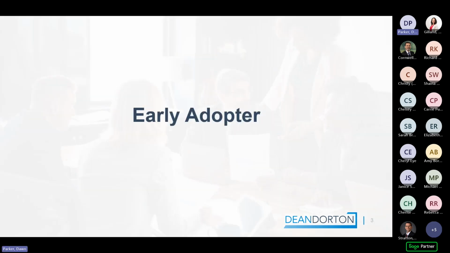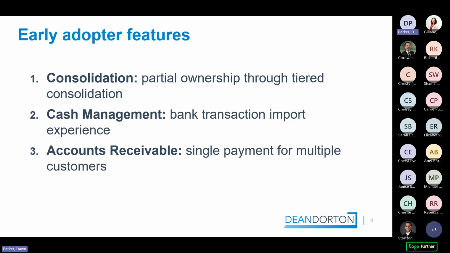The first thing we're going to look at is some early adopters. The early adopters are things that you can reach out to us, and we can reach out to support and ask them if you're a candidate for that early adopter feature. They're currently in beta testing, so you would be using them before they're at general release. So keep that in mind if you decide you want to take advantage of some of these features.